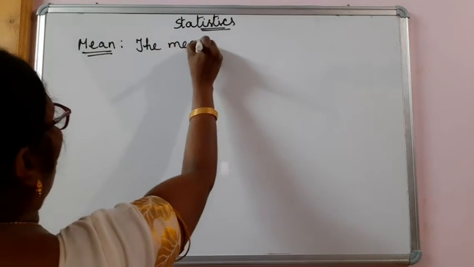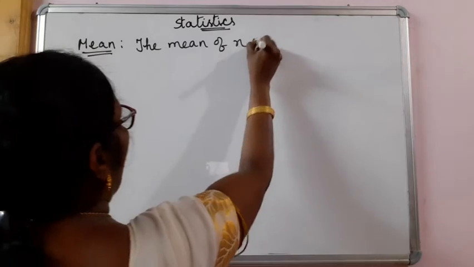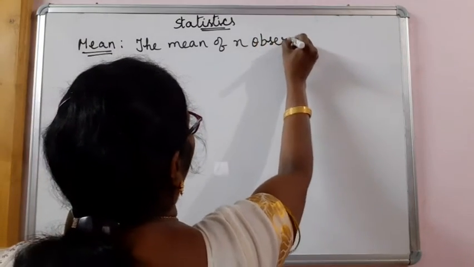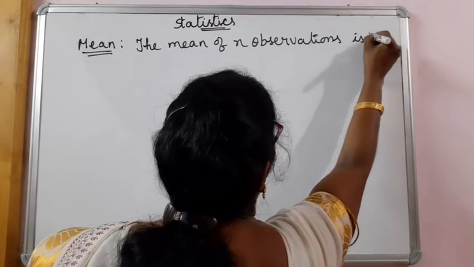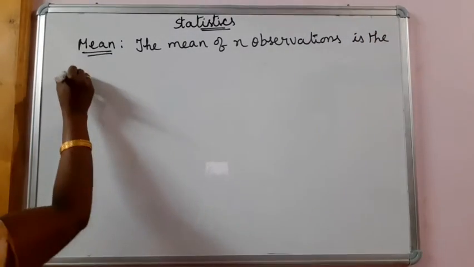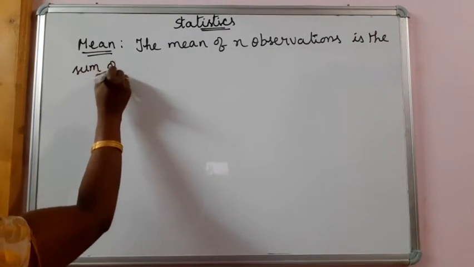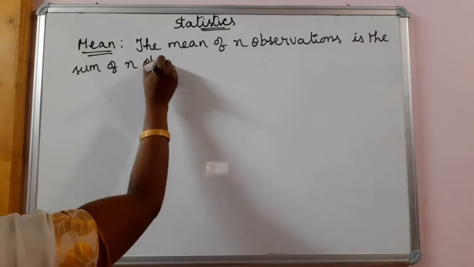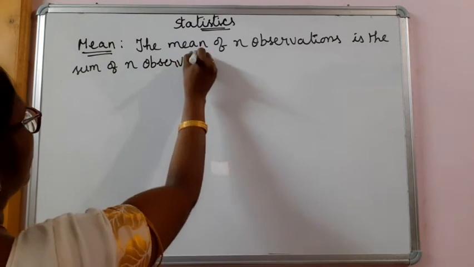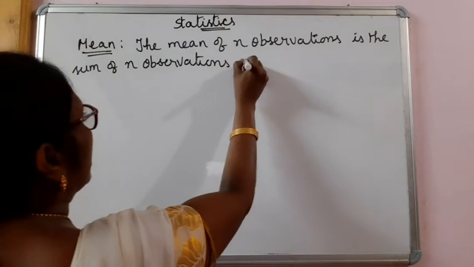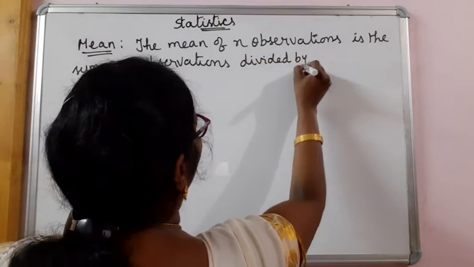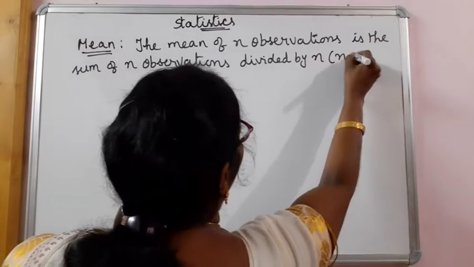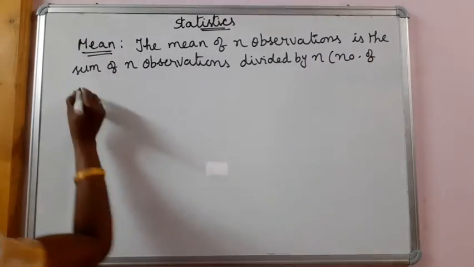The mean of n observations is the sum of n observations divided by n. N is the number of observations.